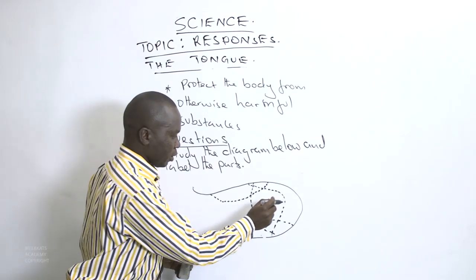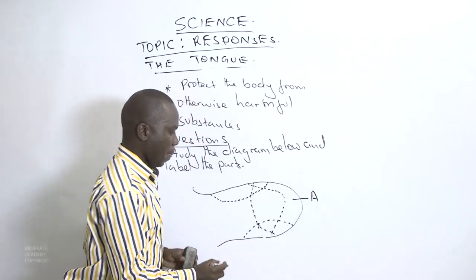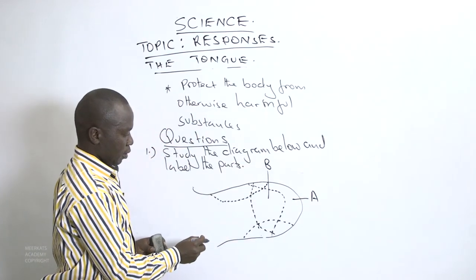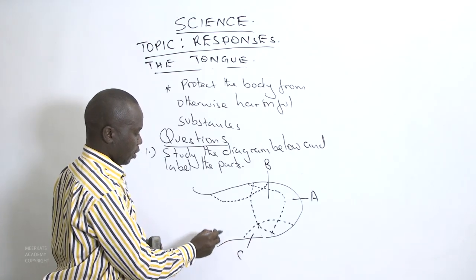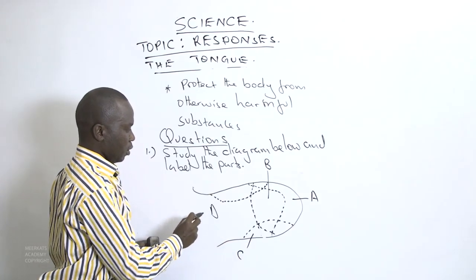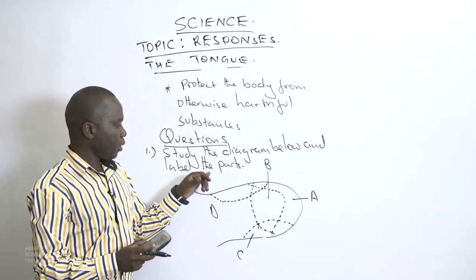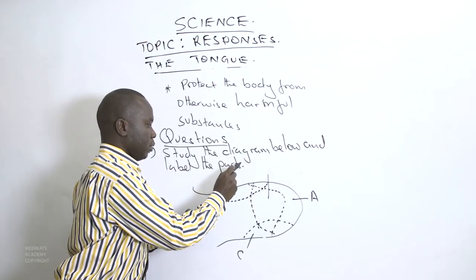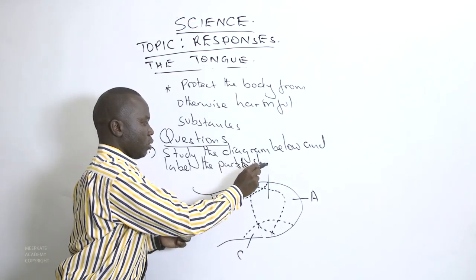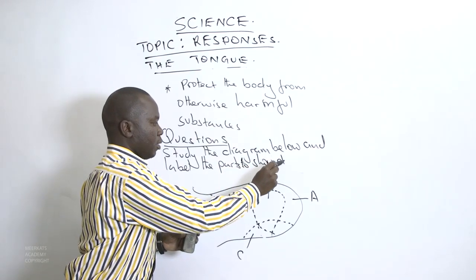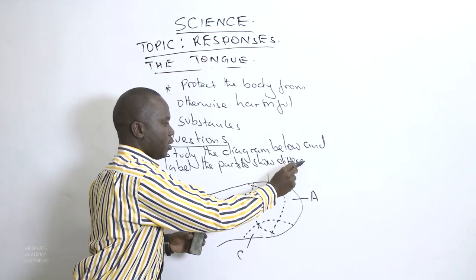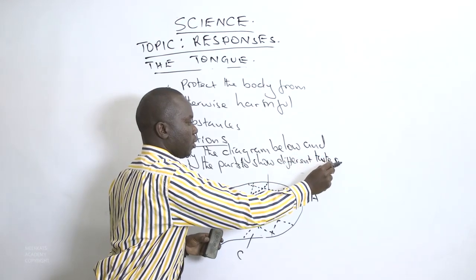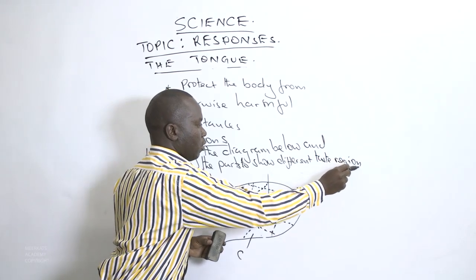So we have the parts that are labeled: part A, part B, C, and then D. So when you are labeling, label the parts to show different test regions of the tank.